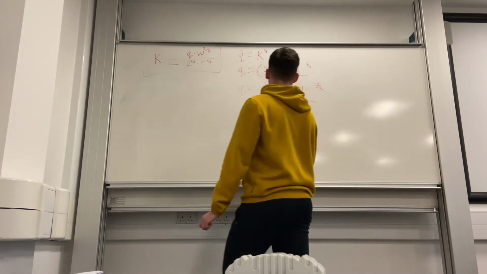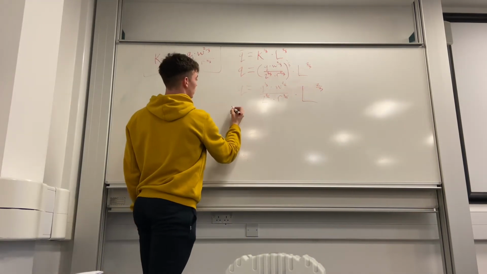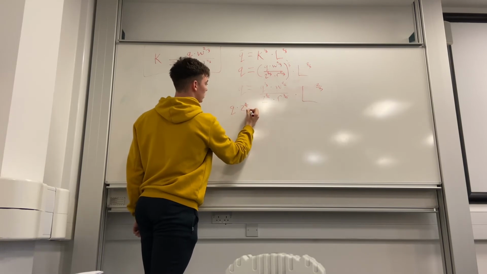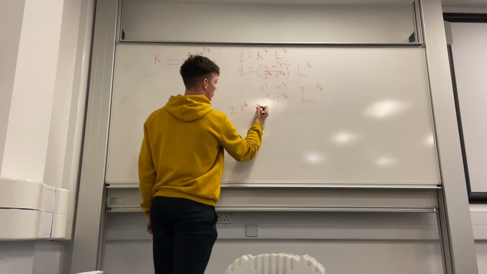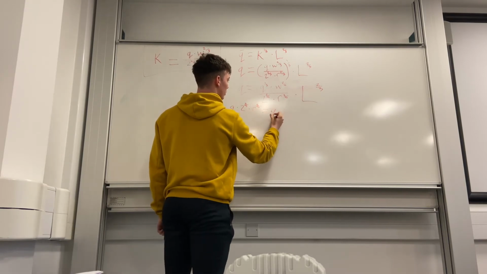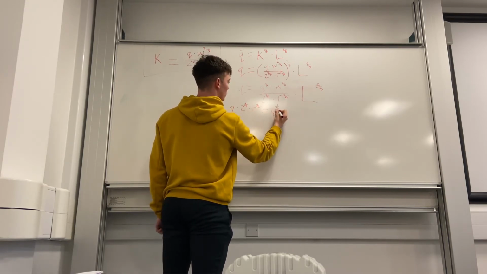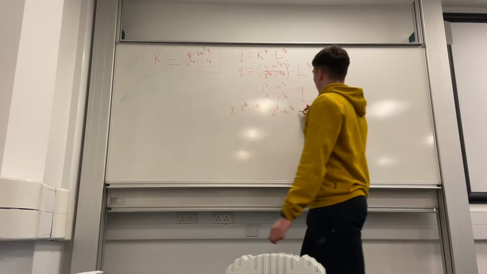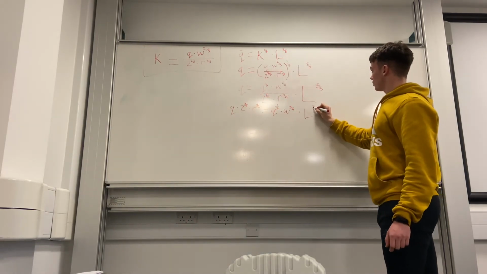So we can bring over the bottom to give us Q times 2 to the power of 2/9 multiplied by R to the power of 2/9 equals Q to the power of a third multiplied by W to the power of 2/9 multiplied by L to the power of 2/3.